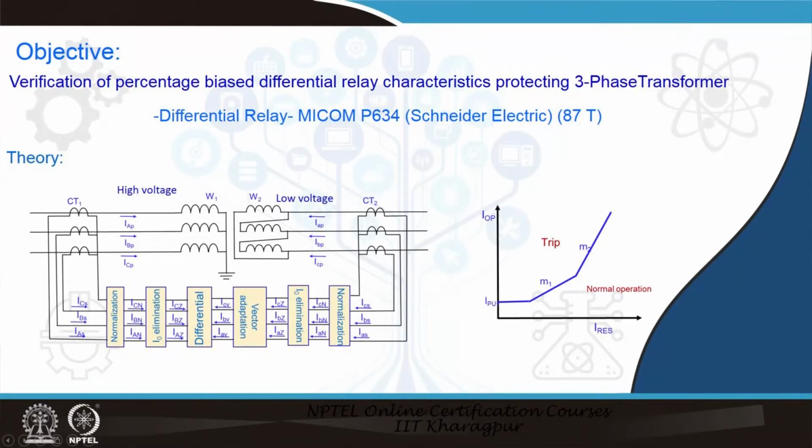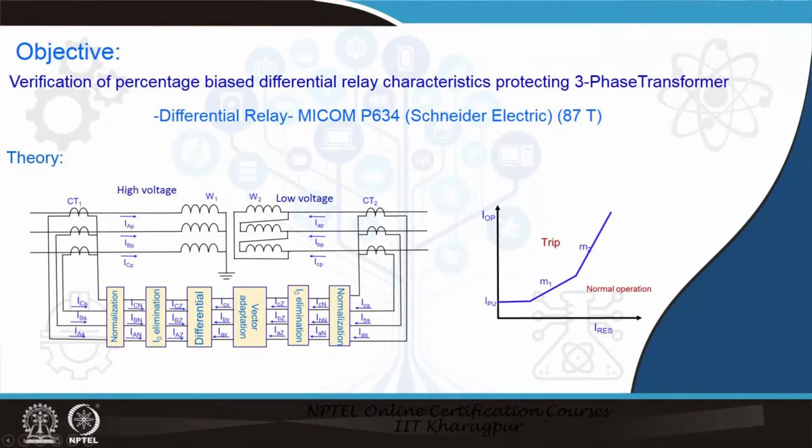Before that we have a minimum threshold setting, that is the I pickup current setting, upon which the relay takes the decision. So, above this curve we have a trip decision, and below this curve we have a restraining decision. What we would like to verify here is, for a given value of restraining current, how much operating current is required for operation.